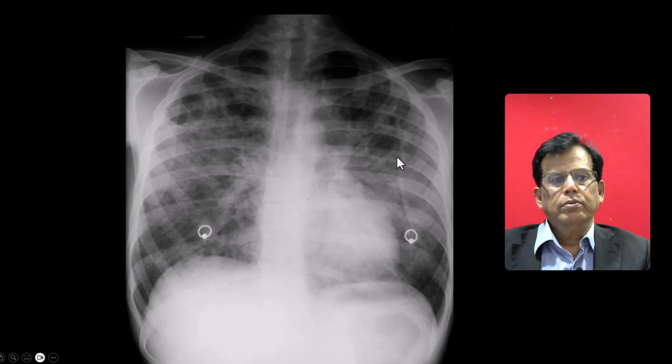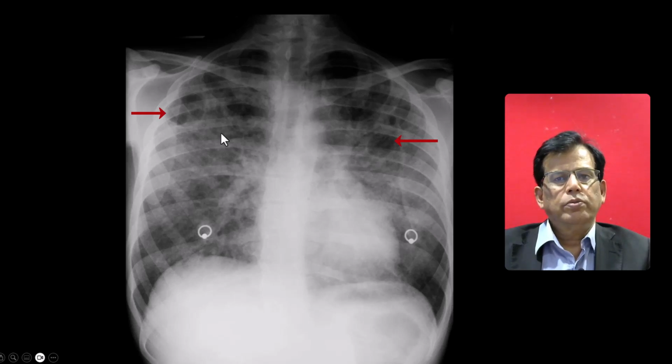So to compile my findings, summarize the findings: there are bilateral perihilar airspace opacities with cystic lucencies within. There is bulla formation on both sides.